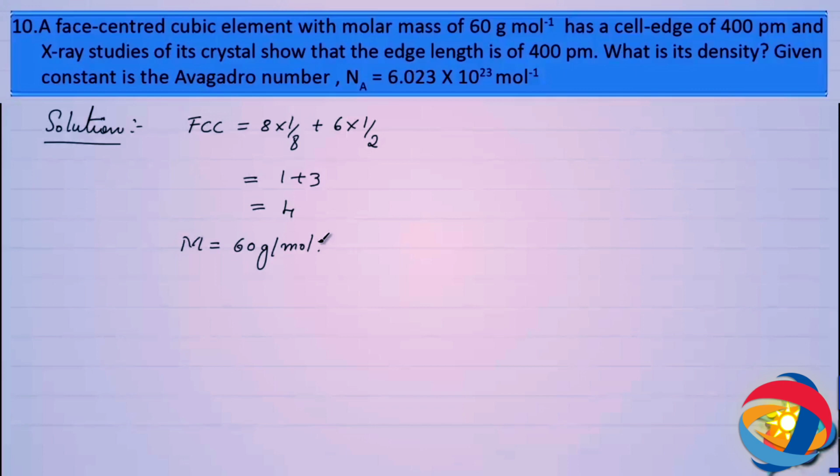Then the element has a cell edge length of 400 picometer, which is 400 into 10 to the power minus 12 meter. To convert this into centimeter, we multiply 400 into 10 to the power minus 12 into 100 centimeter, which is equal to 4 into 10 to the power minus 8 centimeter.